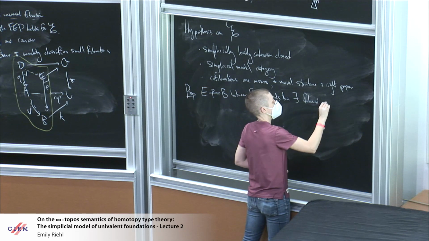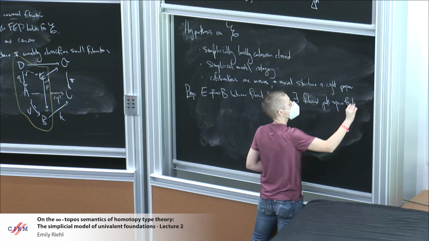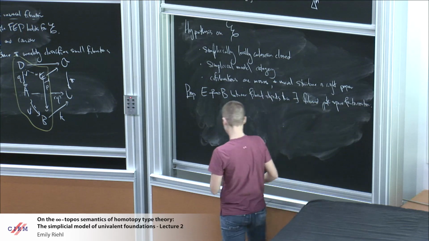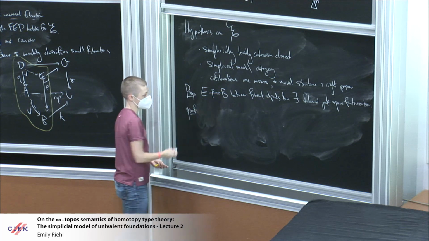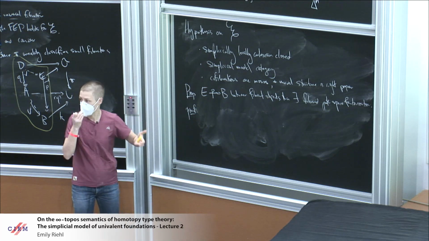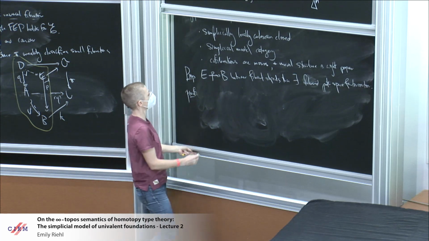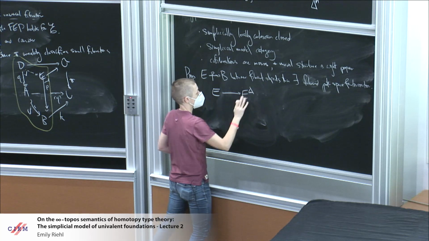The thing that I'm factoring is this fiber diagonal, which I'll draw now. And the content of this statement is the model categorical properties of this construction, which I'm going to exhibit along the way.